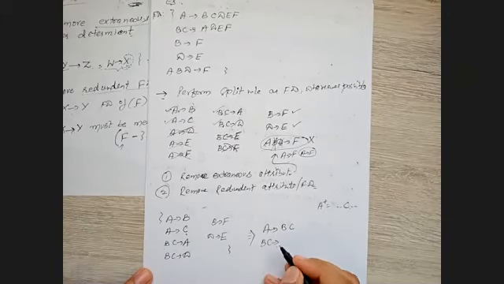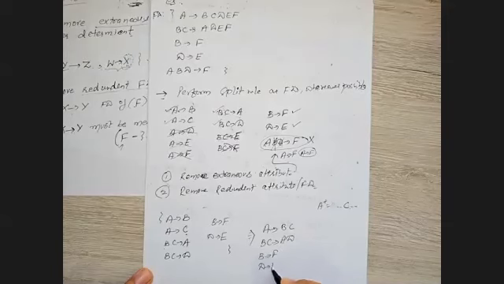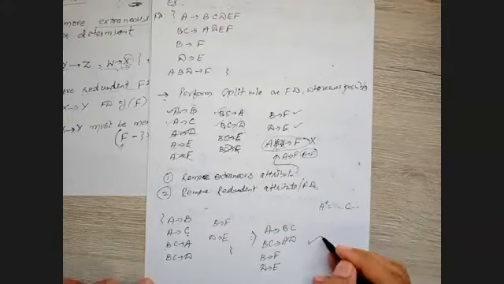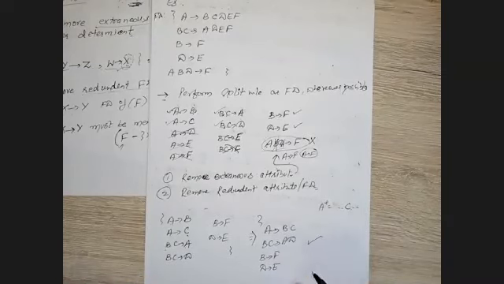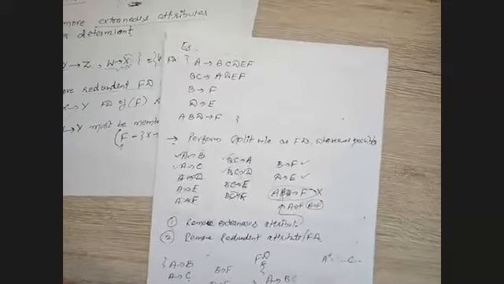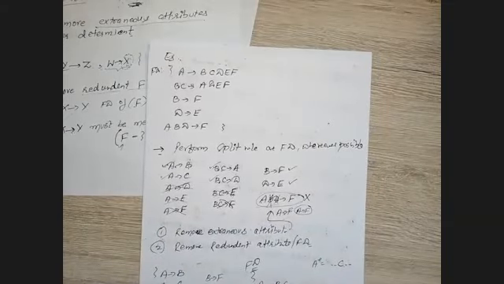A and D. B gives F and D gives E. Right. So in this way, we can identify the minimal set of functional dependencies over here. That's the minimal cover, right? So in this way, we calculate a set of functional dependencies which is a minimal one, right?